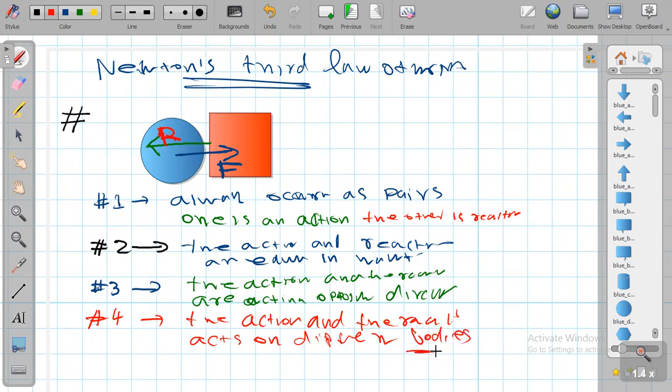They work on different bodies. Action and reaction act on 2 different bodies. Two different bodies. Right? Remember this well.